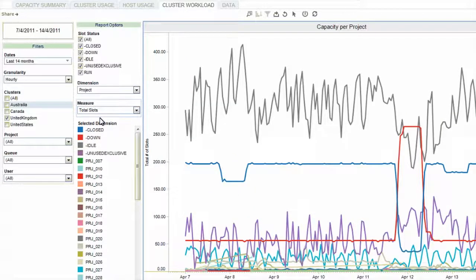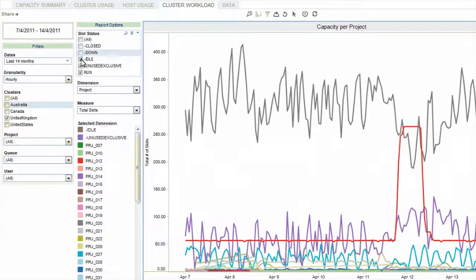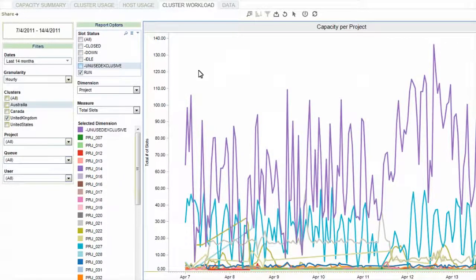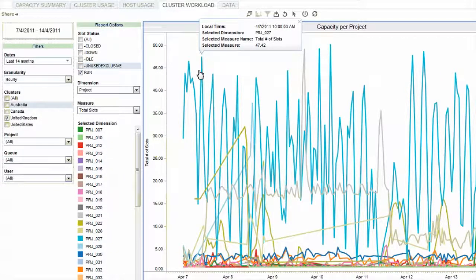And I'll remove the clutter by only focusing on slots that were in a running state. Now I have a clear view of what projects were busy when. Project 27, shown here in blue, dominated use of the cluster.